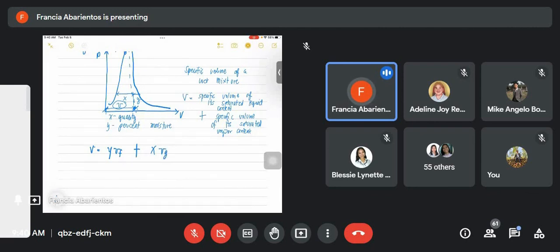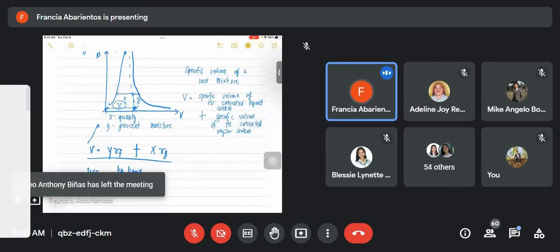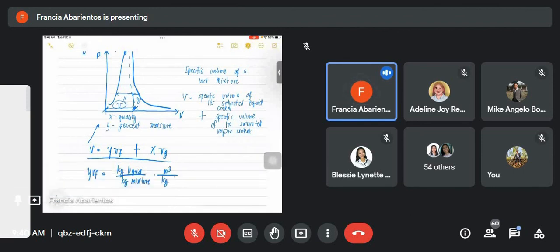Okay, para makuha natin yun sa task, class, this is the formula. Okay, so to check, we all know that the percent, di ba ang unit niya? Yung percent moisture, class, is kilogram of the liquid over the kilogram of the mixture. And we all know that the specific volume is cubic meter per kilogram mass of the liquid.